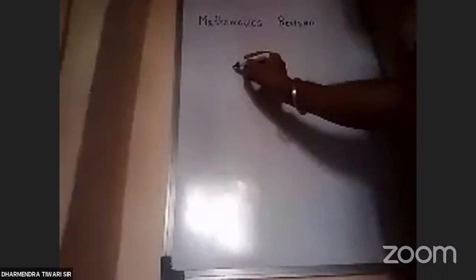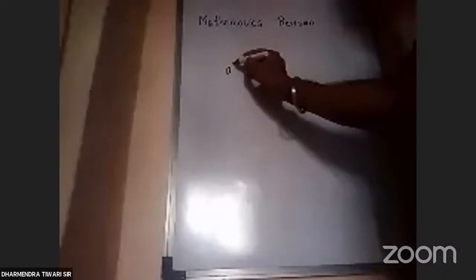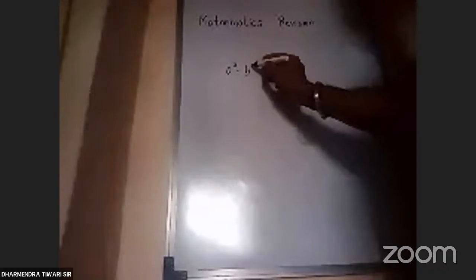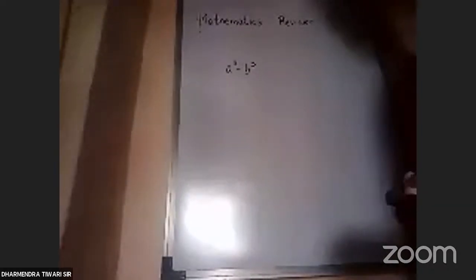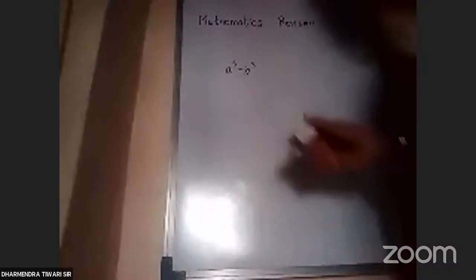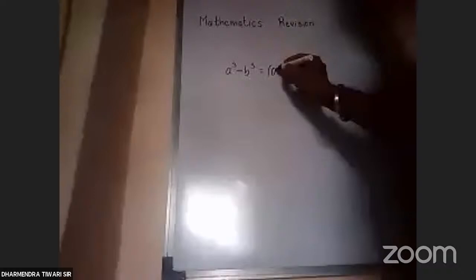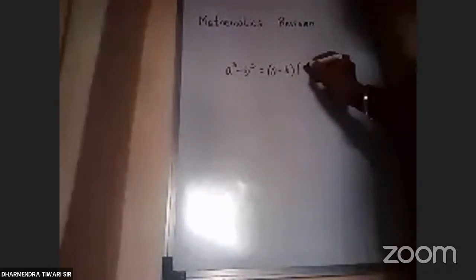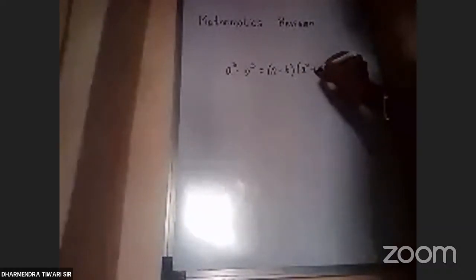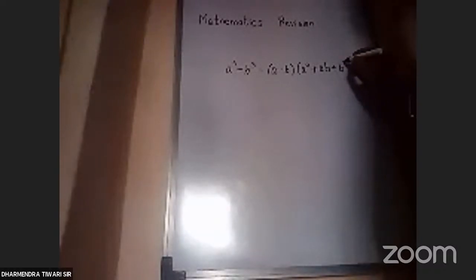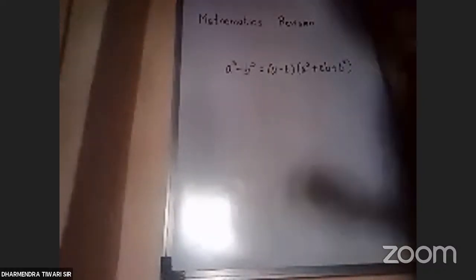So yesterday I introduced you to a formula before leaving the lecture. That is a cube minus b cube, given by a minus b into a square plus ab plus b square.